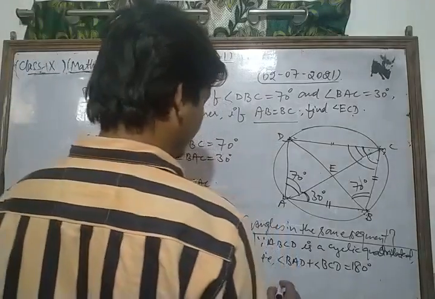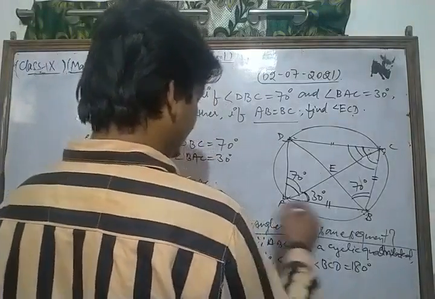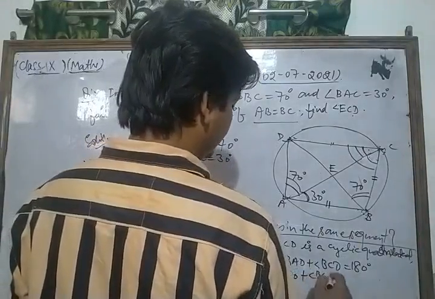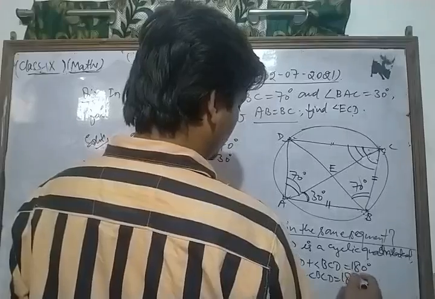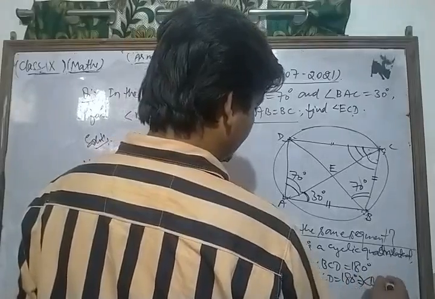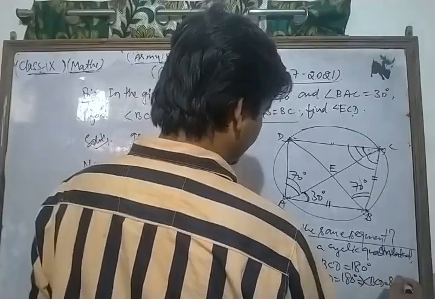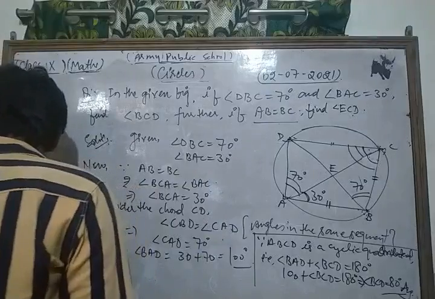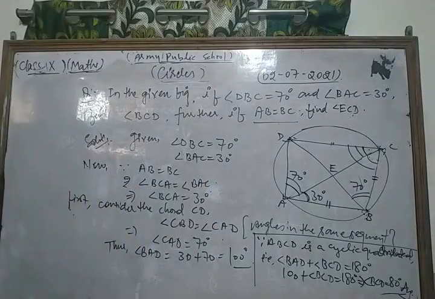So we get angle BAD, which we found as 100 degrees, plus angle BCD equals 180. So angle BCD is equal to 180 minus 100, which is 80 degrees. So this is the answer. In this way we find the result.